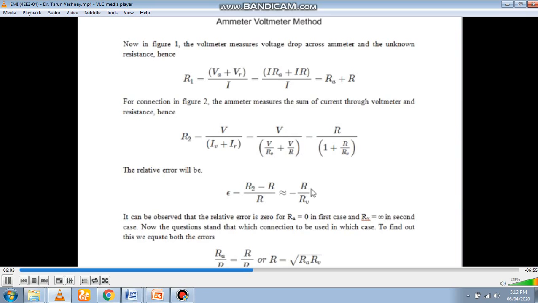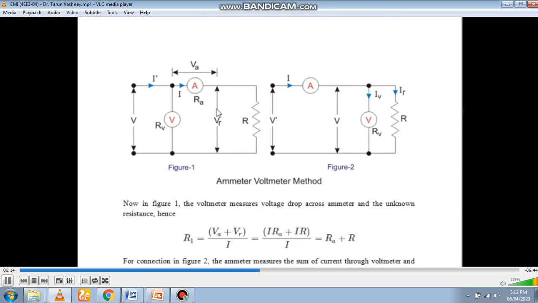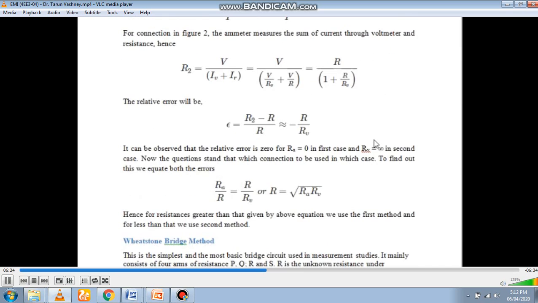In the second case, if we can make RV equal to infinity, we can reduce the error to 0. So in the first connection, we must have RA equal to 0, and in the second connection, we must have RV equal to infinity.